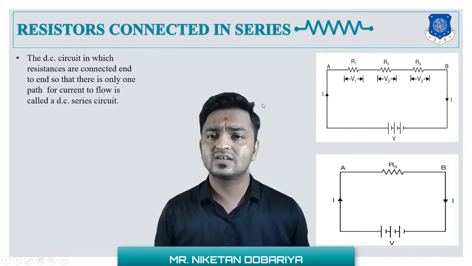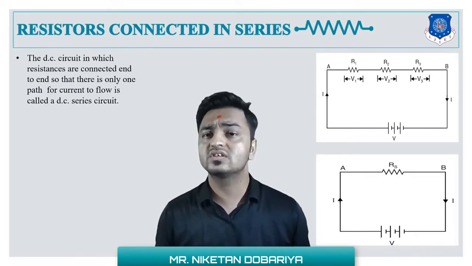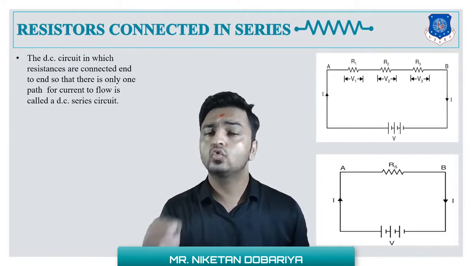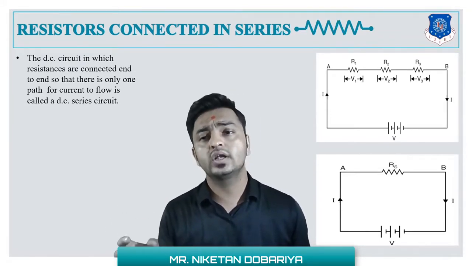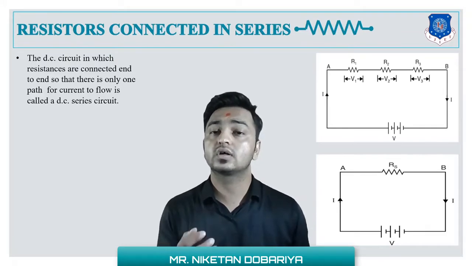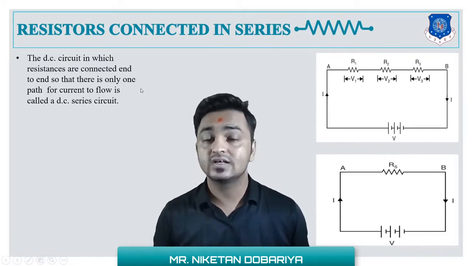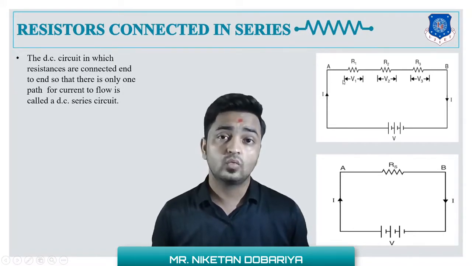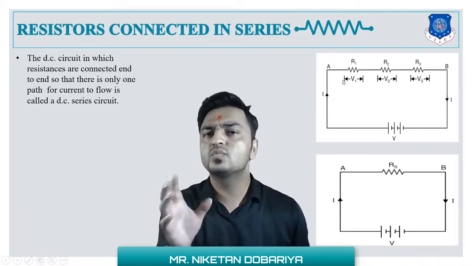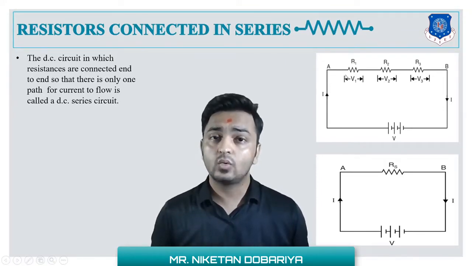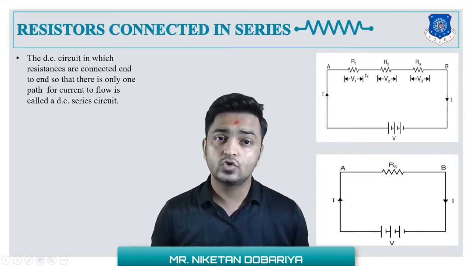The DC circuit in which resistors are connected end to end, so that there is only one path for current to flow. Let's understand this statement. If we observe the connection of R1 and R2, the second end of R1 is connected with the first end of R2.